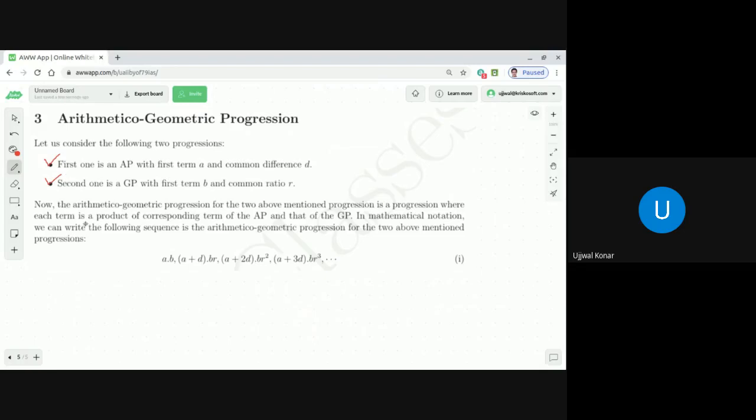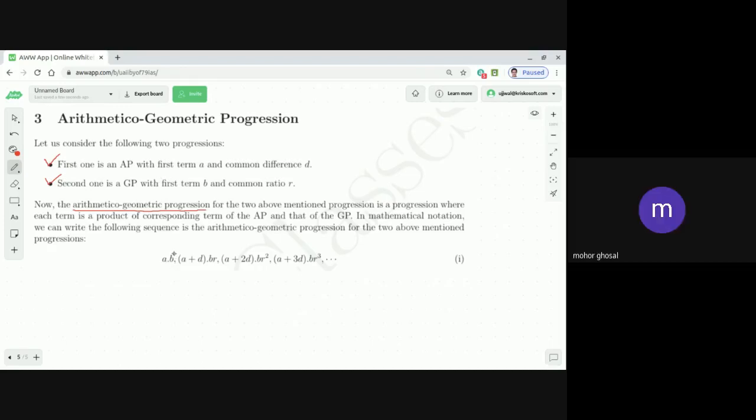Now, the arithmetico-geometric progression for these above mentioned progressions is a progression where each term is a product of the corresponding terms of the AP and that of the GP. That means what? The first term of the first progression is A, and the first term of the second progression is B, na?